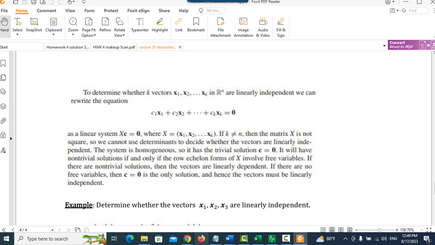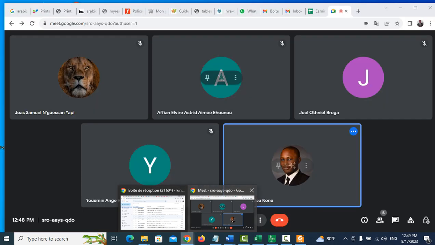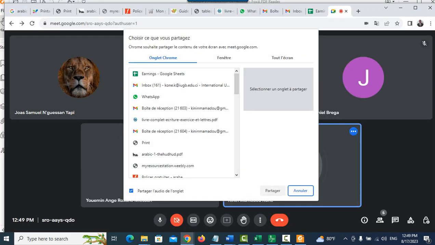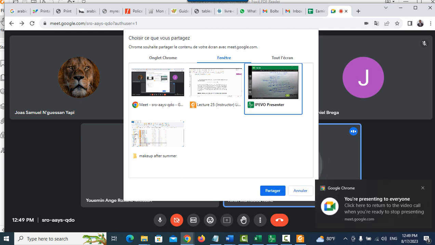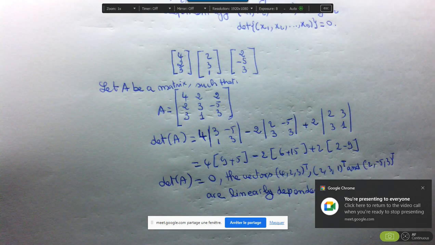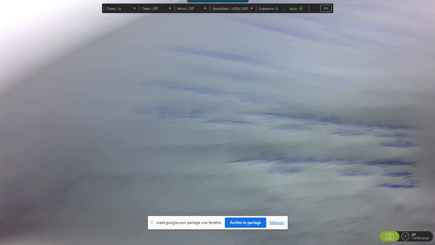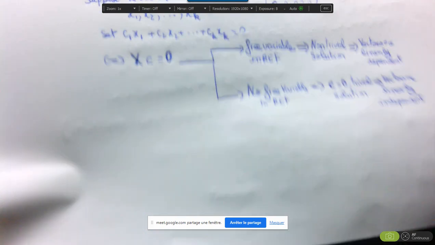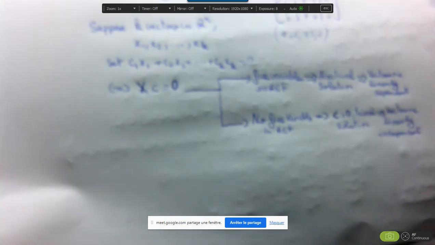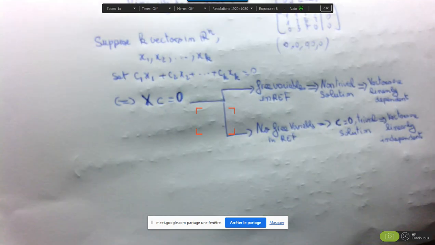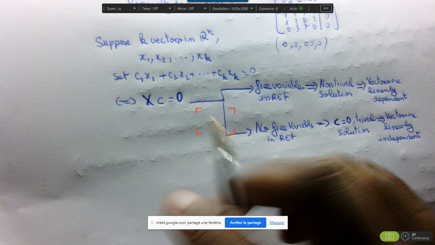I think that this is what I was actually saying. Let me show you. So that paragraph that I've just read, I think I've talked about it already, and that was what I was saying in here. So the paragraph that we just read has been summarized in here.